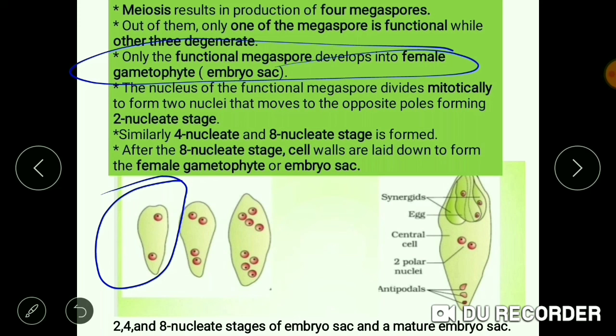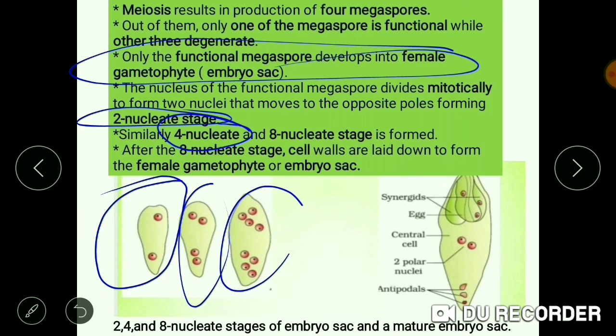This stage is known as two nucleate stage. Now, the two nuclei at both of the ends again undergo mitosis and result in four nucleate stage. And again these nuclei further undergo mitosis and result in an 8 nucleate stage.